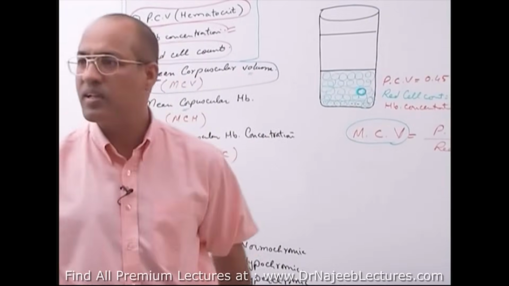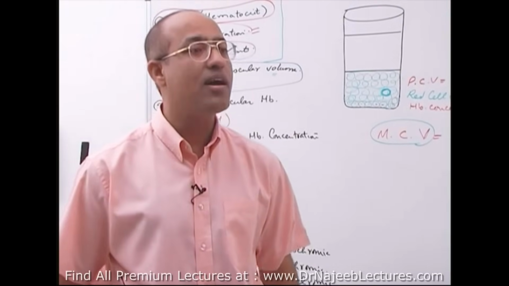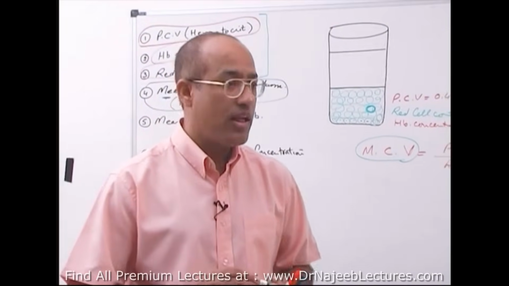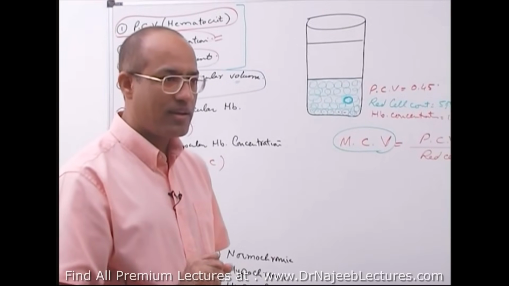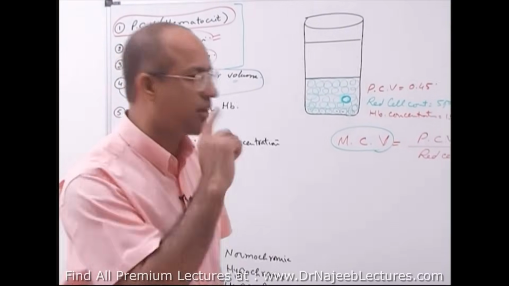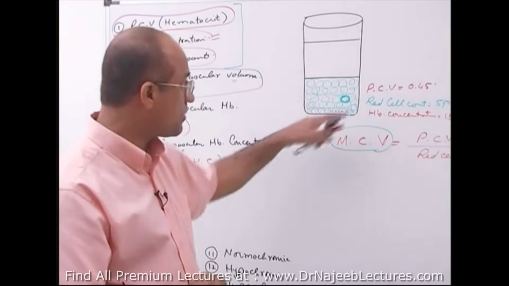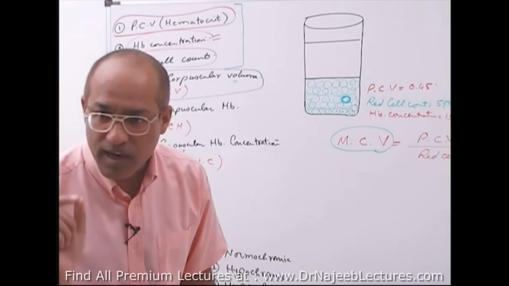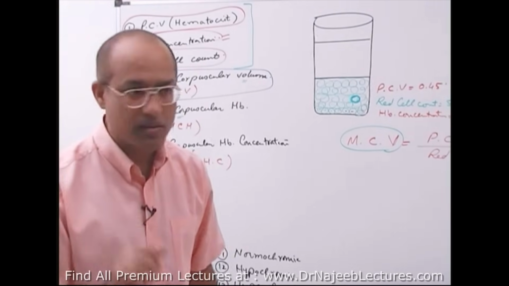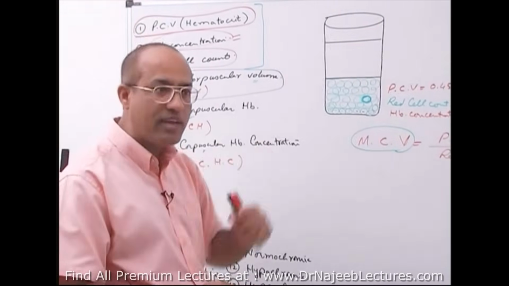Now another man comes. He says, no, I'm not interested in volume. I want to know the amount of hemoglobin in every RBC in this specific patient. Again, if you have the basic values, you can derive it.